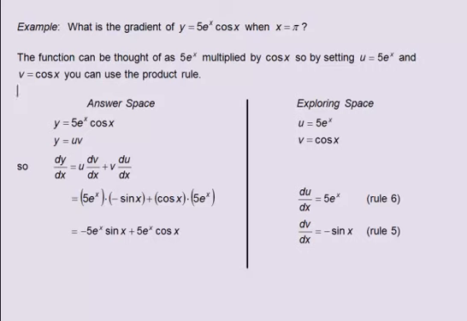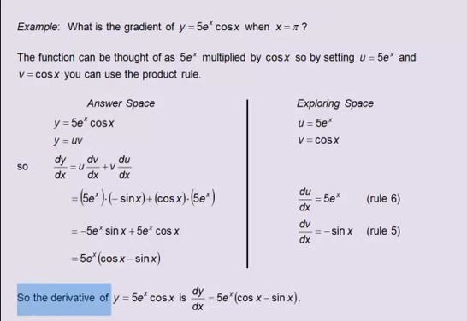Using algebra, this equals minus 5e to the x sin x plus 5e to the x cos x, which factorises to give 5e to the x multiplied by cos x minus sin x. So, the derivative of y equals 5e to the x cos x is dy by dx equals 5e to the x multiplied by cos x minus sin x.